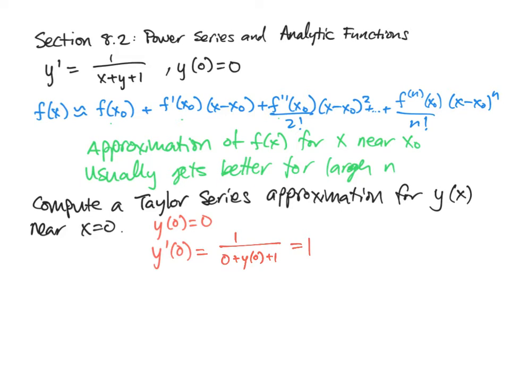Now, if we want the second derivative, then we can take it by just taking the derivative of our differential equation. So y double prime is going to equal negative times the denominator to the negative 2, times the derivative of the inside, which is going to be 1 plus y prime.